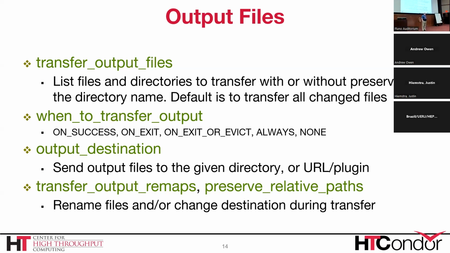A relatively new feature is you can specify the destination for output files. You can say, take all of my output files and stick them in this directory over here. In older versions of Condor, you could only use a URL as a destination. And we added the output to a directory on the AP fairly recently. And then transfer output remaps is if you want to rename individual files during the transfer.